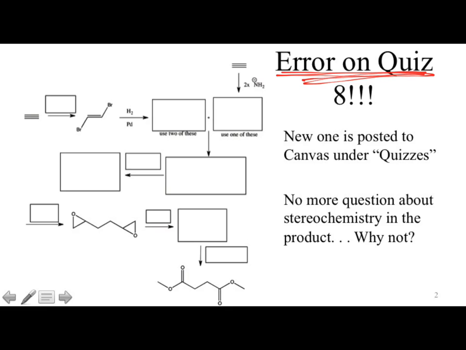It's the bottom half of quiz 8. Everything else on that quiz, as far as I'm aware, is fine. All the other questions are good, it's just number 2, just the bottom half of number 2. Other questions on that?